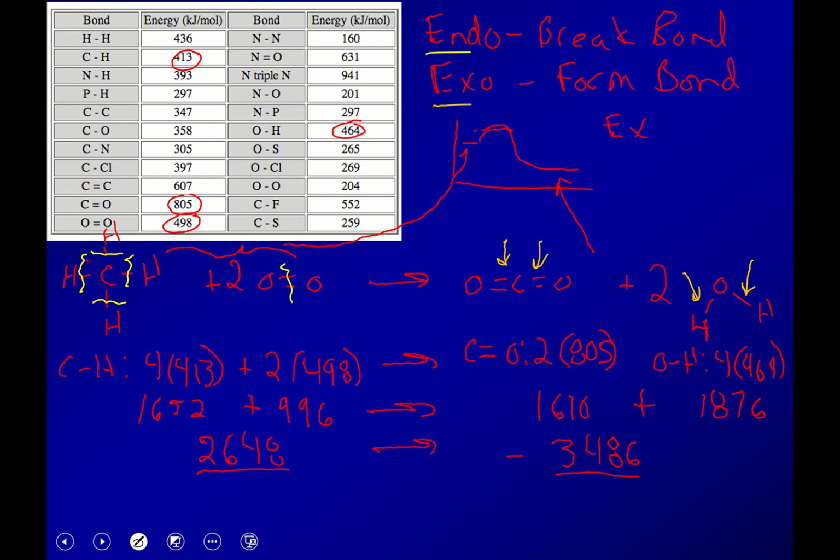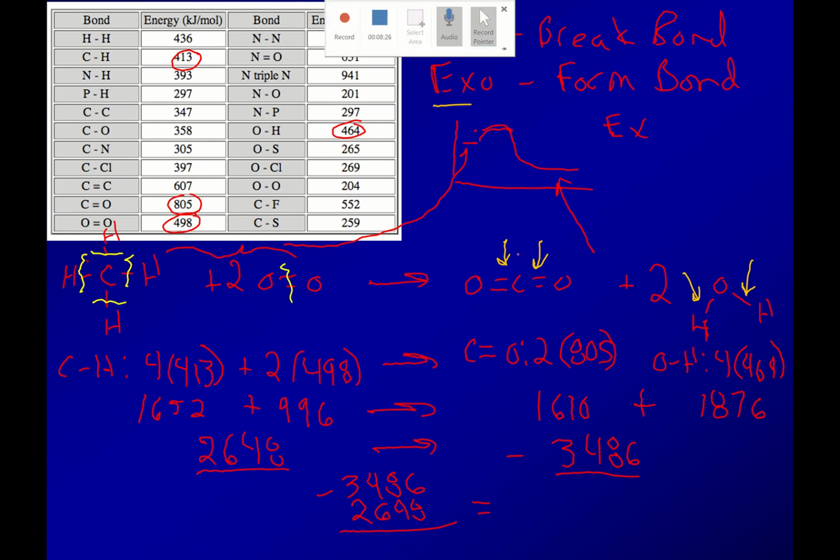So now we're going to combine the two. Negative 3486 was how much energy was released in the forming of new bonds. 2648 is the energy required to break bonds, how much energy we had to put into it, right? When we add those two together, that's going to give us the net loss or gain.